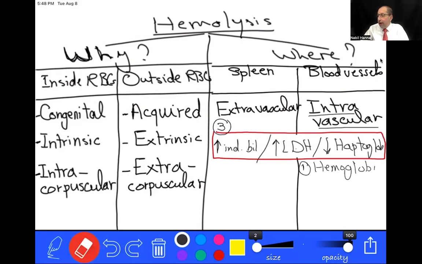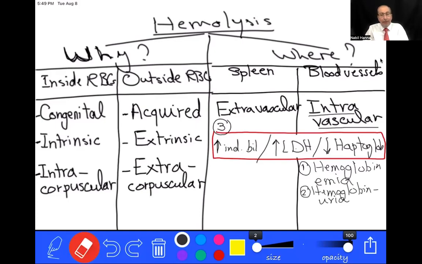Hemoglobinemia means free hemoglobin in the blood, and that's why the plasma will look pinkish and not yellowish as it normally looks. When you have free hemoglobin in blood, this free hemoglobin will go to the kidneys and you pee it in urine. So you will have hemoglobinuria, which is free hemoglobin in urine.